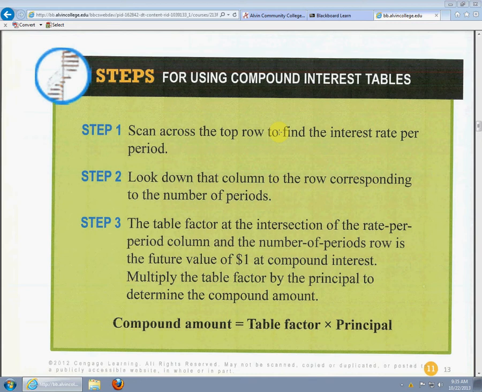And so on page 348, the table that is there, if you look at the first column, the 0.5%, and the first period, number 1, you see the 1.00500.